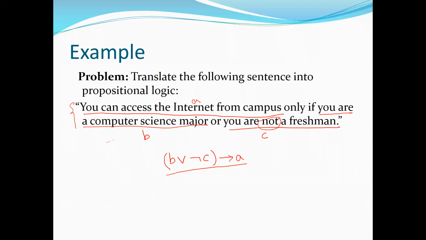Let me repeat it. If it is not raining, and it is Friday, only then I will go to campus. Yes, take 2 minutes and convert this English statement into propositional logic.